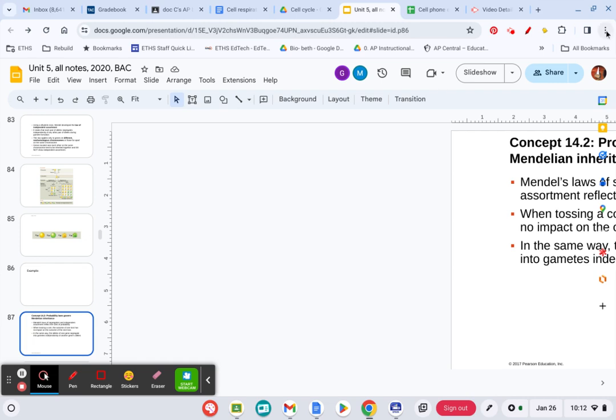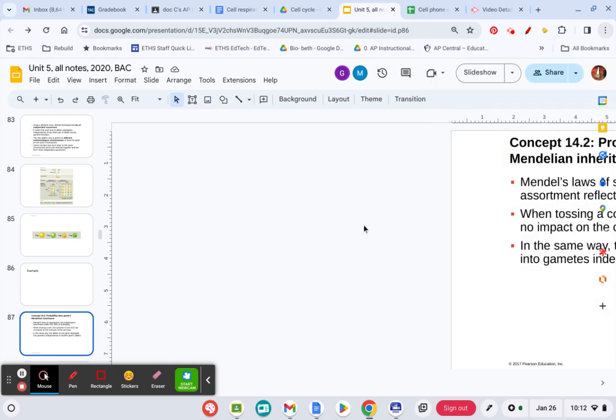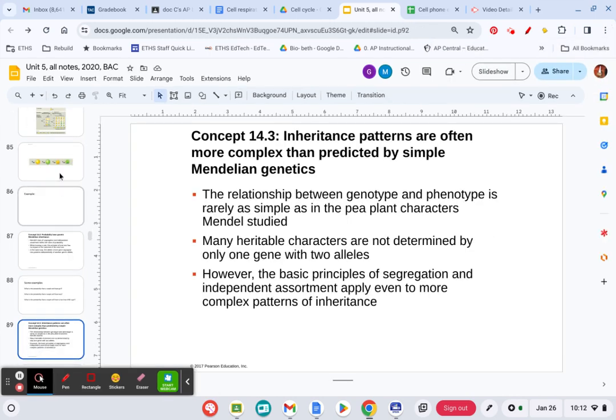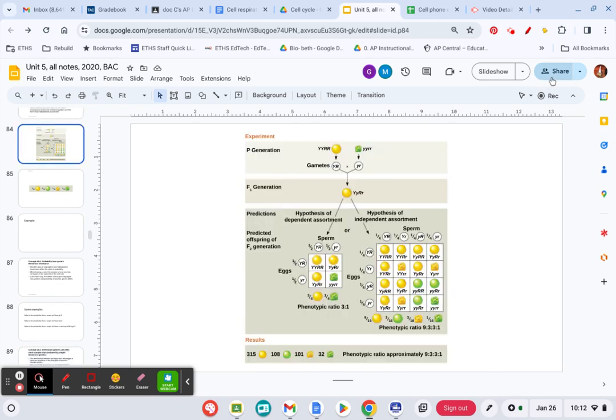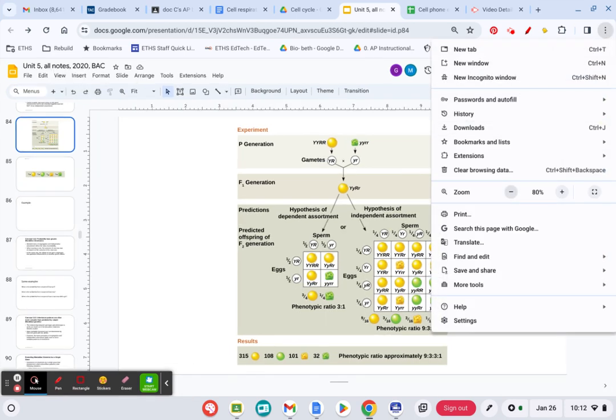This is not working well. Oh, Evelyn. There it is. Now it should get bigger, right? When you were hitting the mic, it was zooming out.